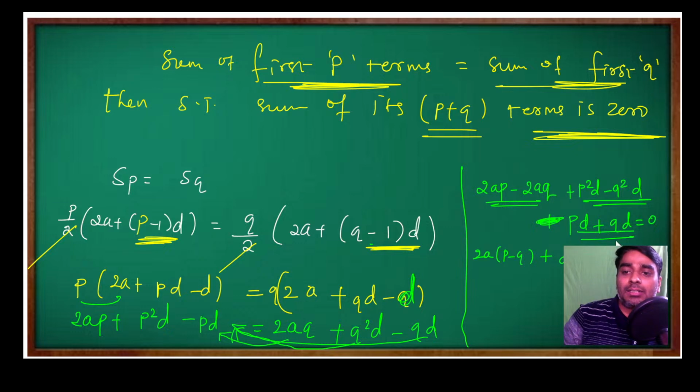Then minus d we will take common. Then I will write p minus q inside equal to 0. This last step you just see later.